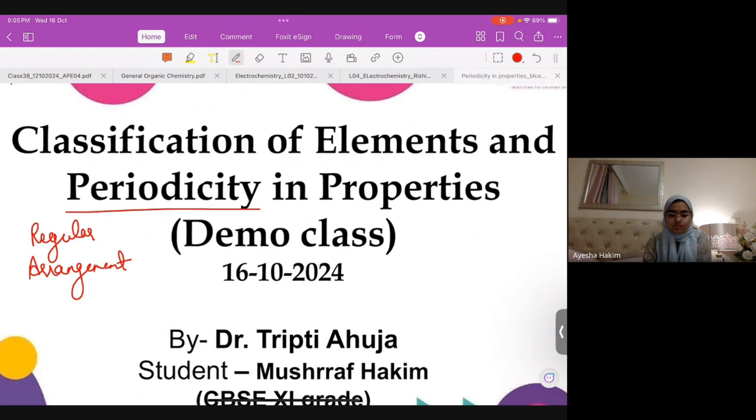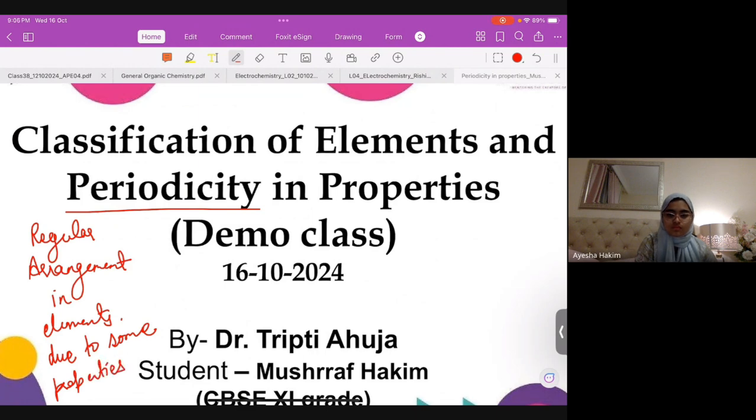It can be in your atoms, elements, or ions. But here I am specifically targeting periodicity in elements, that means regular arrangement in elements, based on some properties. I'm not differentiating physical or chemical.